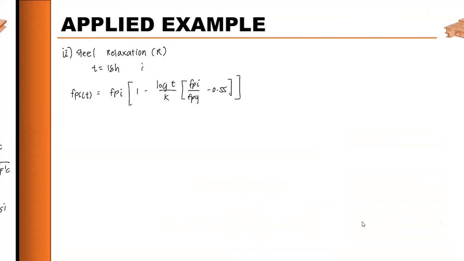And then K tayo, K is equals to 10 kasi stress relief tayo. Okay? So kailangan natin si FPI. FPI natin is yung kanina, yung 0.7 ng FPU. Tapos, i-multiply lang natin ng 0.9 kasi 90% lang ng jacking yung gagamitin natin. Okay? Kunin natin yung FPY tsaka FPU.